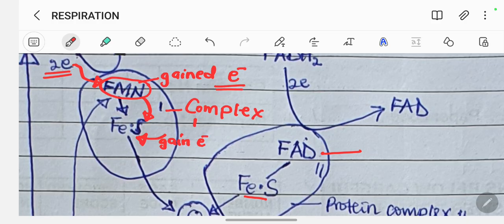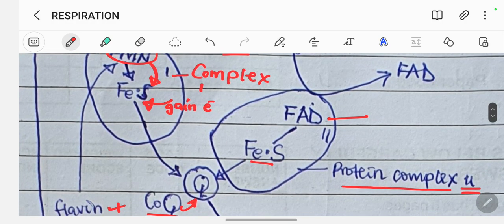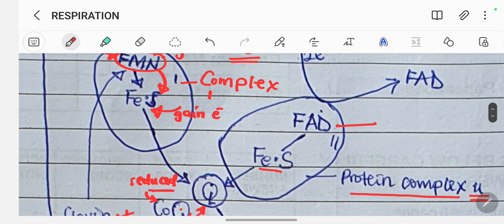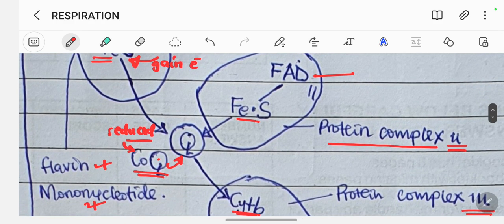As it gets reduced, it's going to give these electrons to our coenzyme Q. As coenzyme Q picks up these electrons, it gets reduced, while the one that had the electrons before is now getting oxidized.